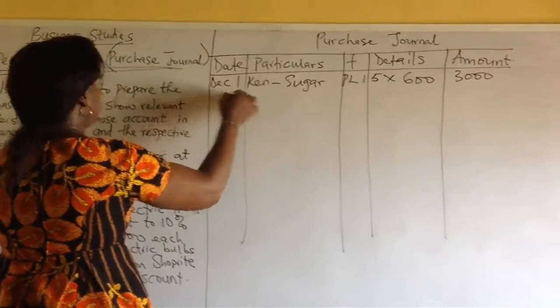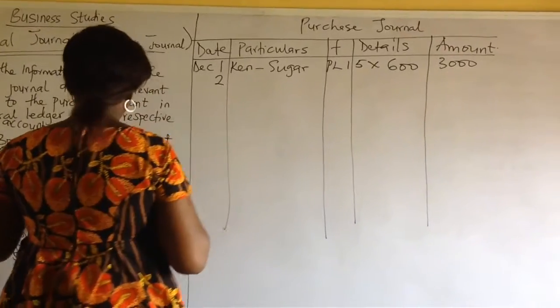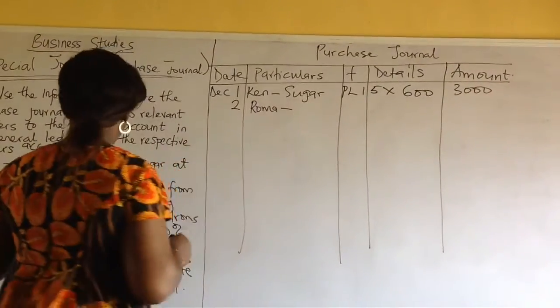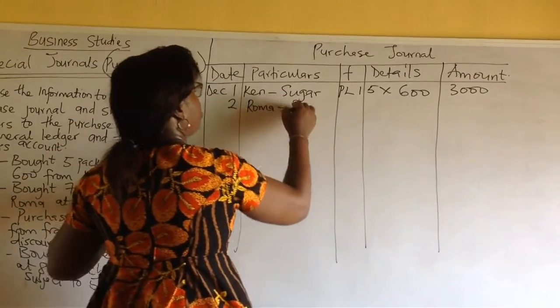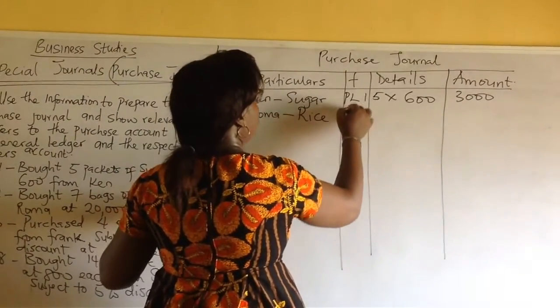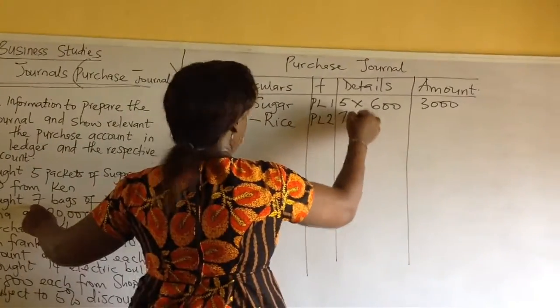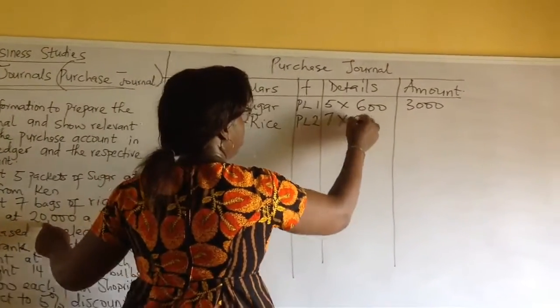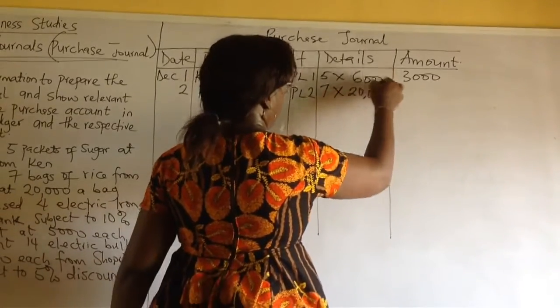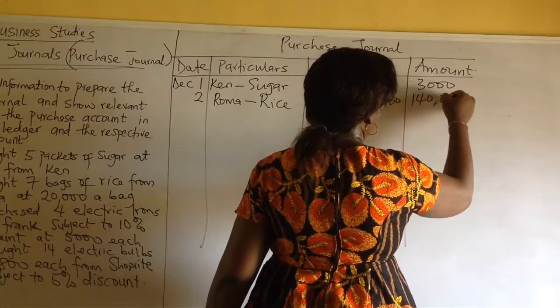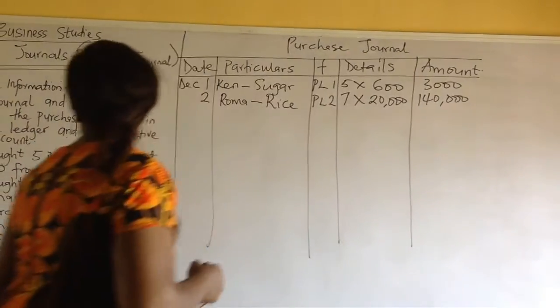Second transaction is on the second. They bought rice from Roma. This will be PL2. You have 7 times 20,000, and this will give you 140,000 naira.